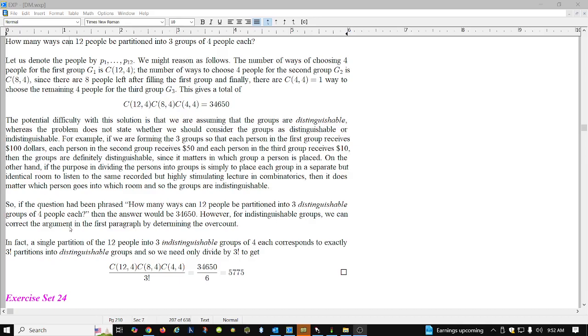We choose 4 people for the first group, 4 for the second, 4 for the third. If the groups are considered indistinguishable, we have overcounted. And we've overcounted by 3 factorial, the number of ways of permuting those 3 groups.